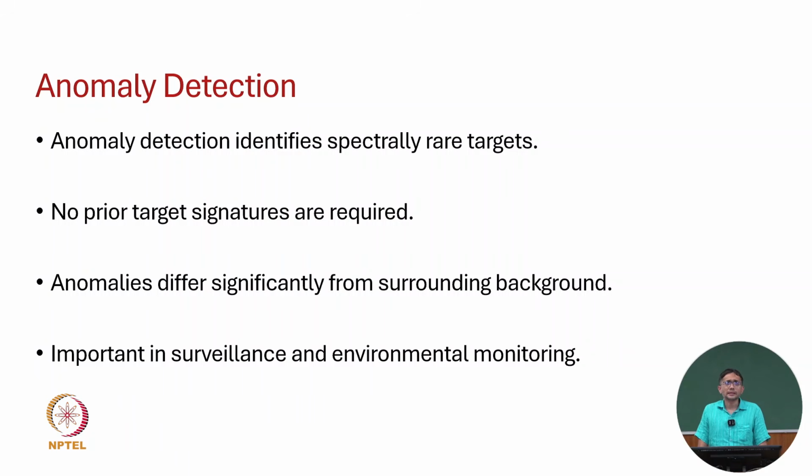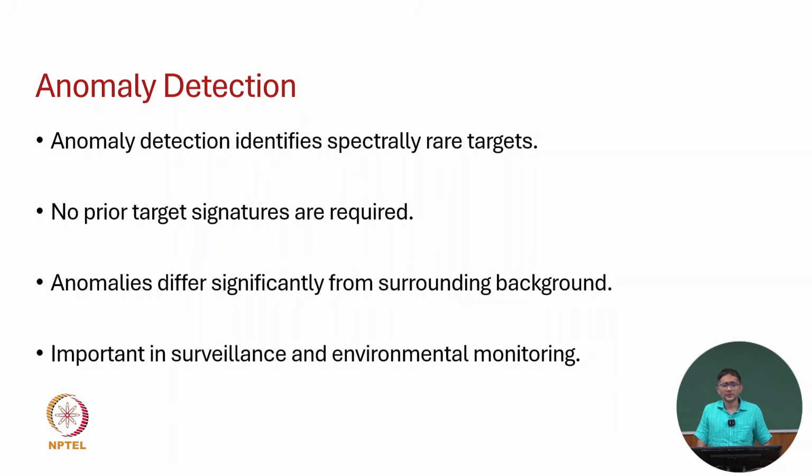One of the important hyperspectral image analysis tasks is anomaly detection. As you would have remembered, when we discussed multispectral images, we said some of the important tasks related to multispectral images included classification, semantic segmentation, change detection.